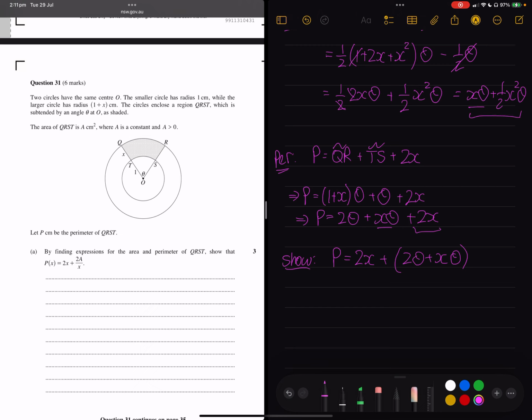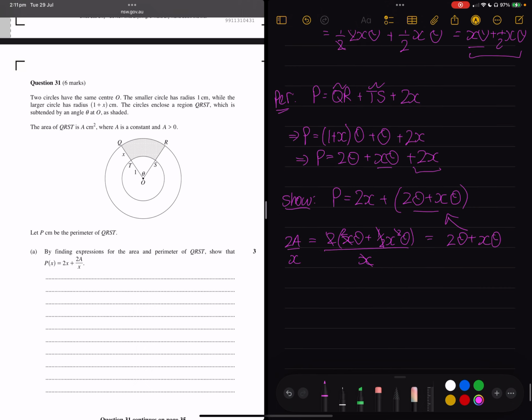If we multiply the area formula by 2 and divide it by x, we should get this. So 2 times the area divided by x is equal to 2 times (x theta plus 1/2 x squared theta), then divide this whole thing by x. This 2 will cancel this half. This x will cancel one of these x's. This gives us 2 theta plus x theta. That's what we want. So therefore, the perimeter is equal to 2x plus 2A on x.